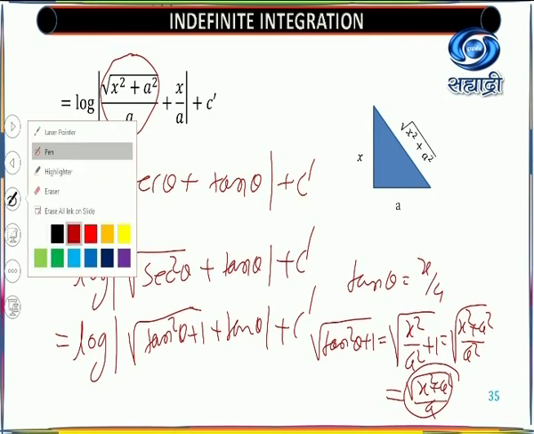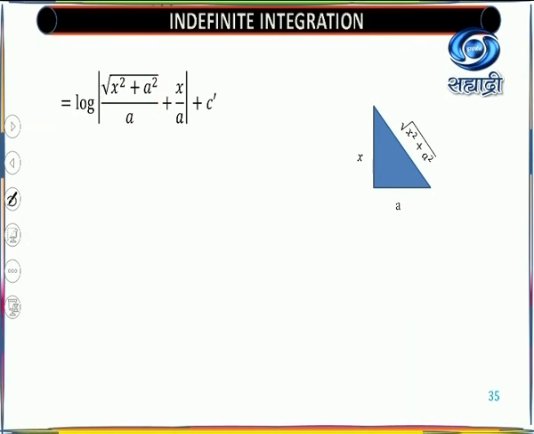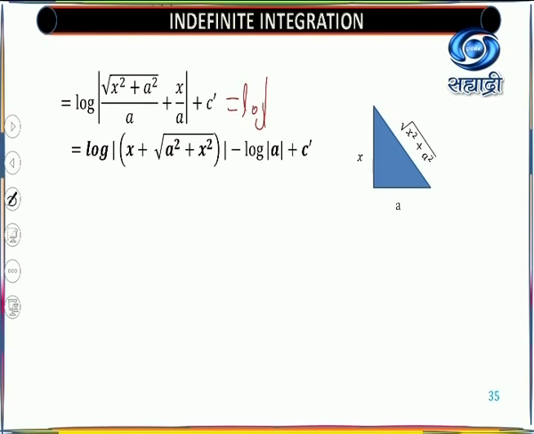Okay, so now the next simplification: you are having the same base, or you can say for the fraction you are having the same value here. So in what way will you write this? You are able to write it as log of mod of root of x square plus a square plus x upon a plus constant of integration.